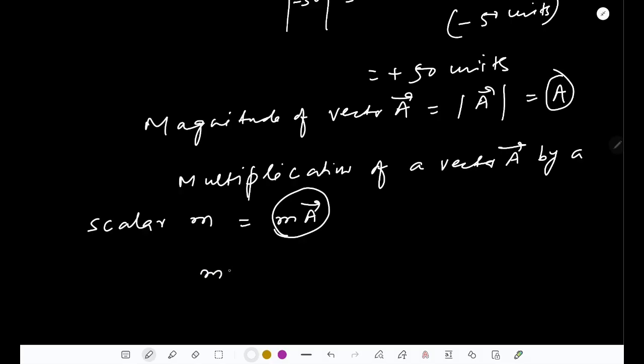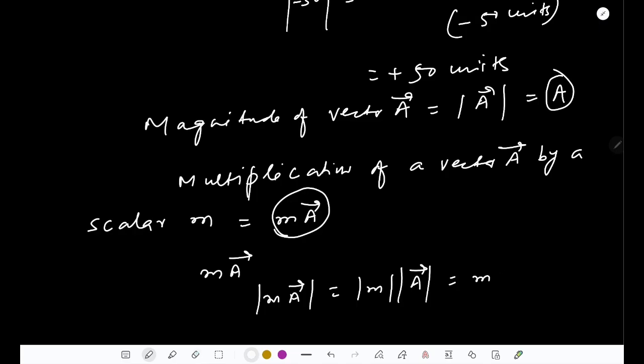MA is a vector having the same direction as vector A and magnitude equal to the ordinary scalar product between the magnitudes of m and A. So you can write that the magnitude of vector MA is simply this thing, if m is positive.